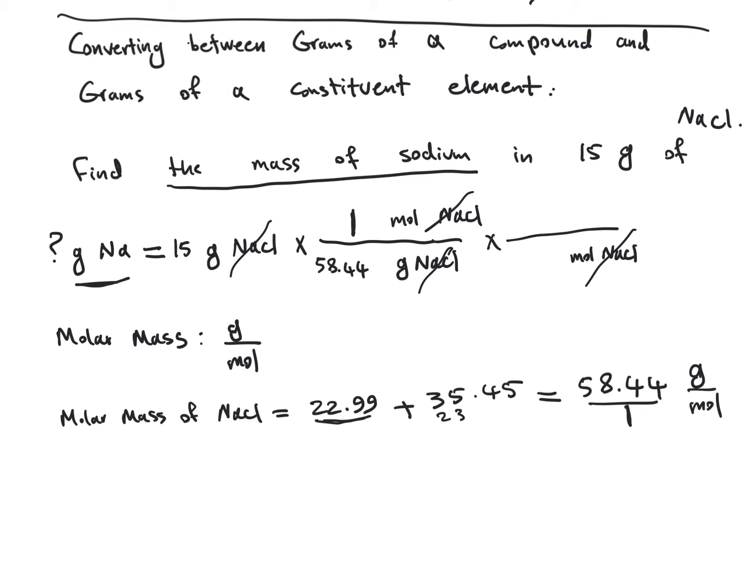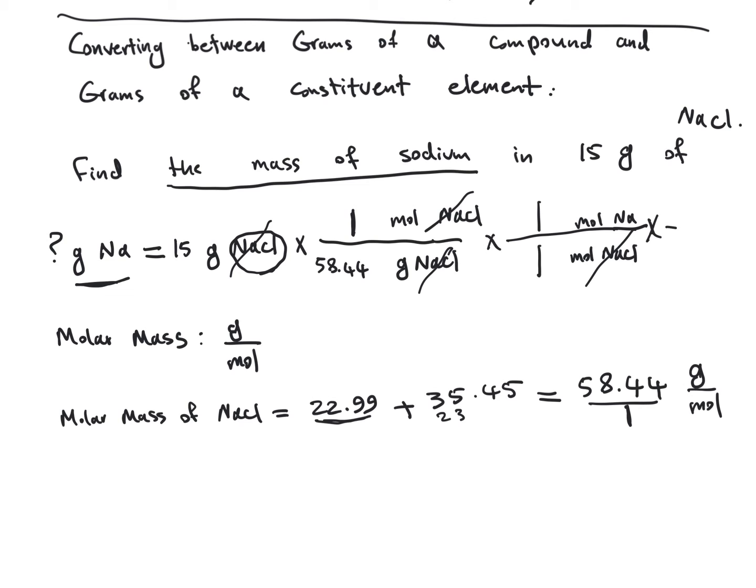So how can we convert mole of NaCl to mole of Na? Do you know? Yes, exactly. Because from the chemical formula, you see that for 1 mole of NaCl, you have 1 mole of Na.